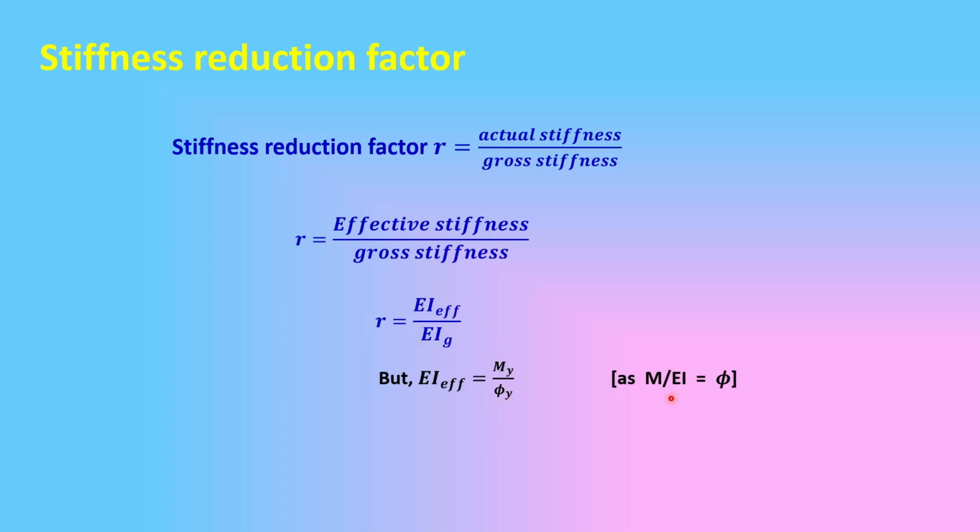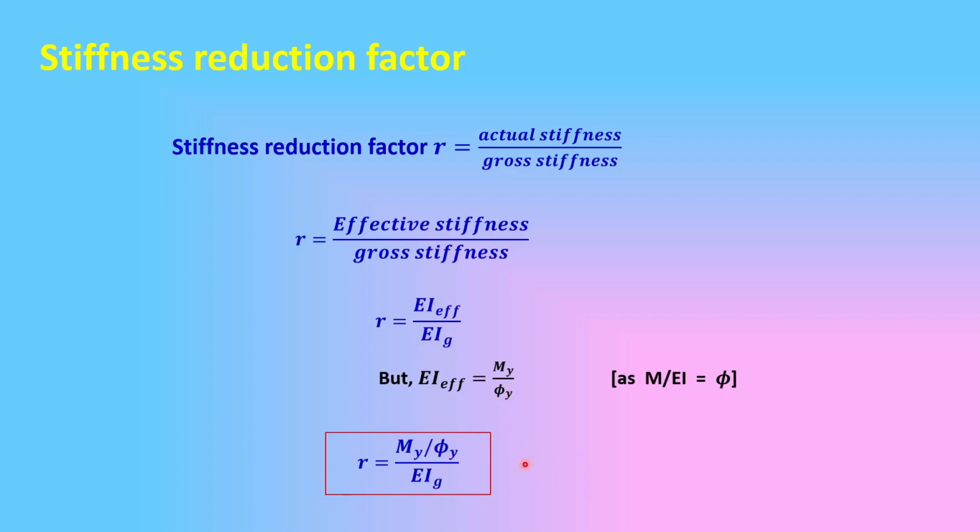Because in the moment curvature diagram, by definition, M by EI equal to phi. So M by EI equal to phi means M by phi equal to EI. So EI effective is nothing but My by phi y, yield moment by yield curvature. So finally, the stiffness reduction factor we can write R equal to My by phi y from here divided by EIG. So this is the stiffness reduction factor.